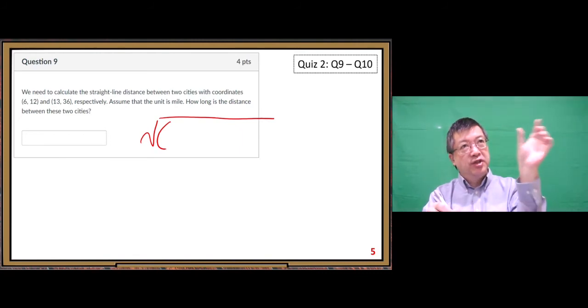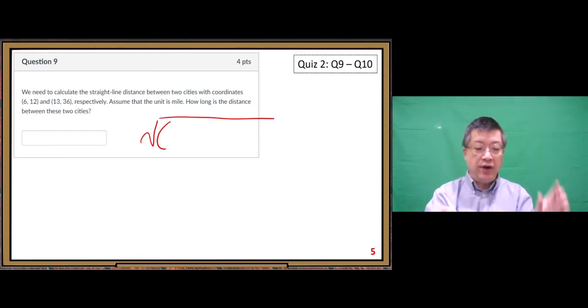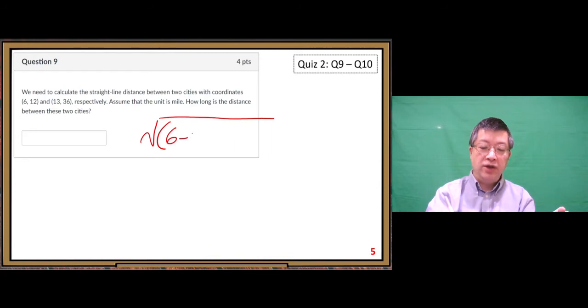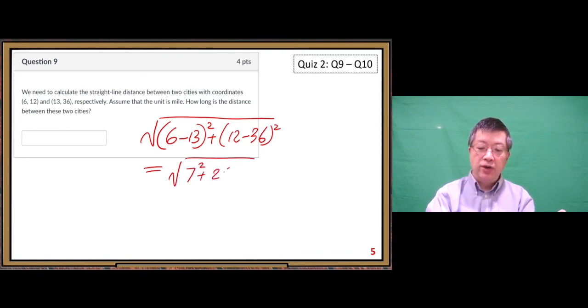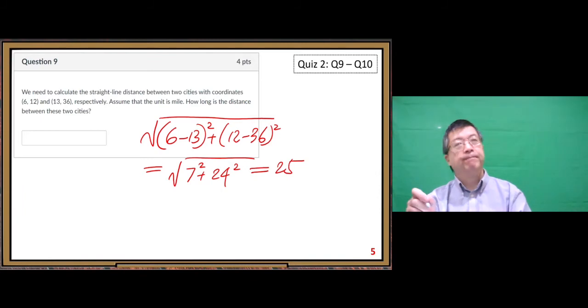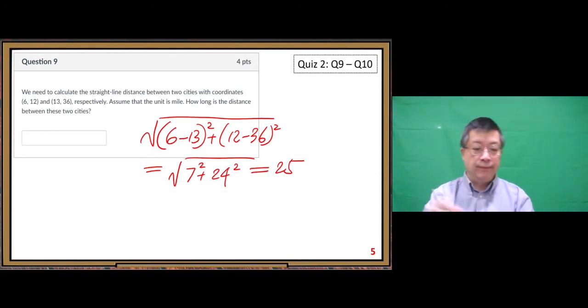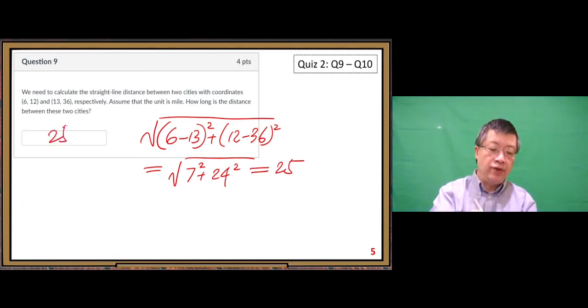The distance between x coordinates 6 minus 13 square, distance 12 minus 36 square. Okay, yeah. So you can simplify it. 7 square plus 24 square, square root 25. Okay. Very straightforward. Yeah.